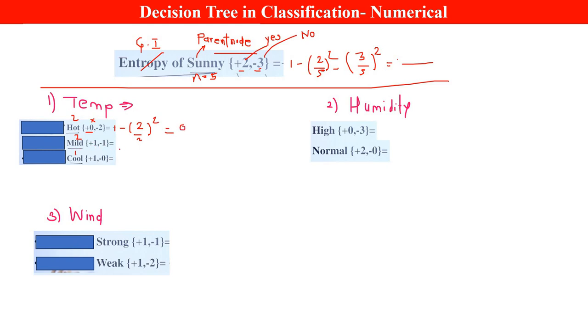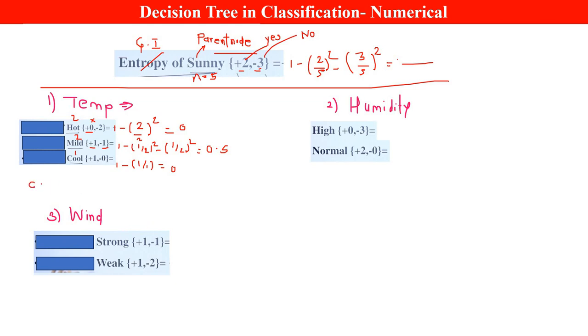Now in mild, yes is coming 1 time, so 1 minus 1 by 2 square minus no, also 1 by 2 square, so this comes out to be 0.5. Now in cool, it is only 1 time, yes is coming 1 time, so 1 by 1, and this becomes 0.